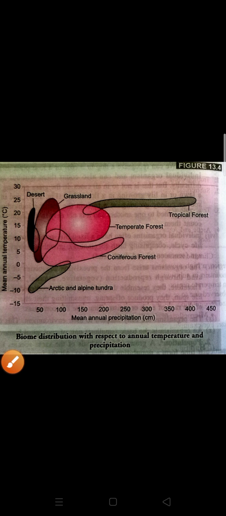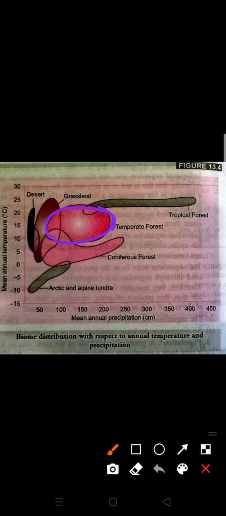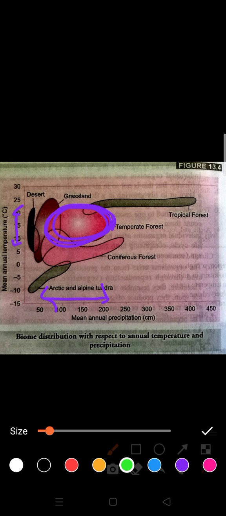Now come to the next one, the temperate forest. In temperate forest, temperature is in between range, children. It is neither very hot nor very cold here. The temperature is maintained, and you can see that appropriate rainfall is also there. So in temperate forest, a good, healthy forest forms. Now the last one is tropical forest. In tropical forest, children, you can observe how much rainfall there is.